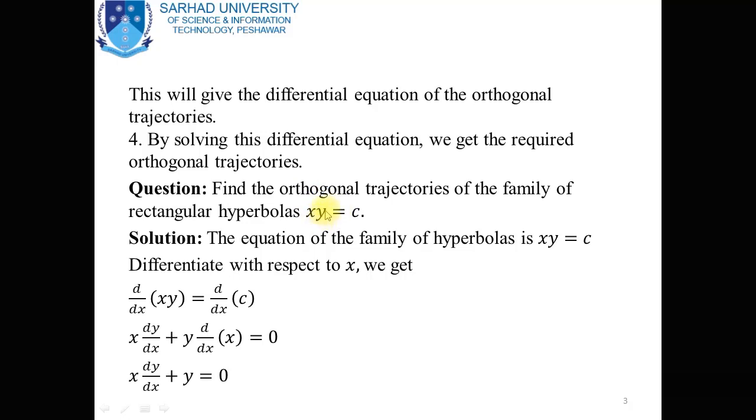For this purpose, first find the differential equation of the given family of curves, and then replace dy by dx in that differential equation by minus dx by dy. You will get the differential equation of the required orthogonal trajectory.